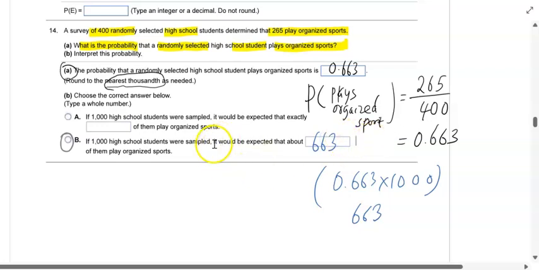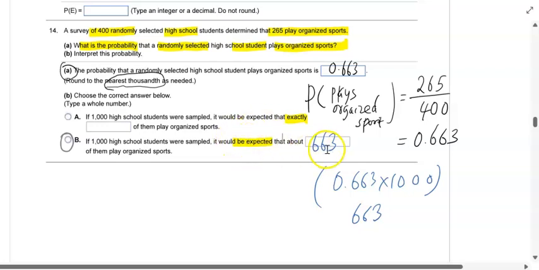About. So notice the difference between A and B. B says it would be expected, A says exactly. Since this is an interpretation of the probability, we don't say exactly. Therefore we choose part B, because it has expected.